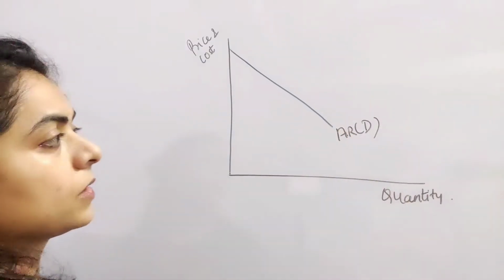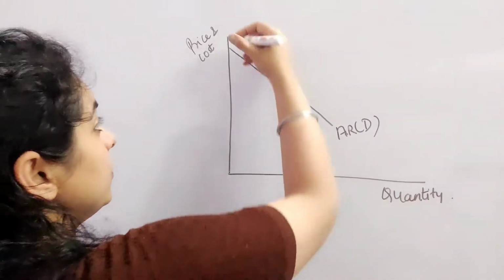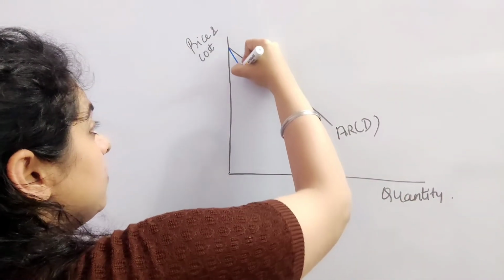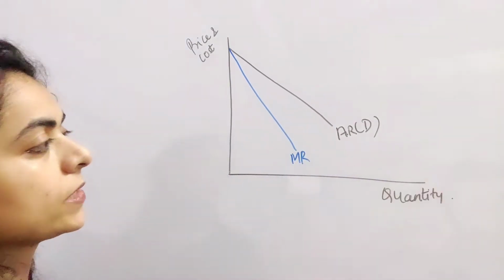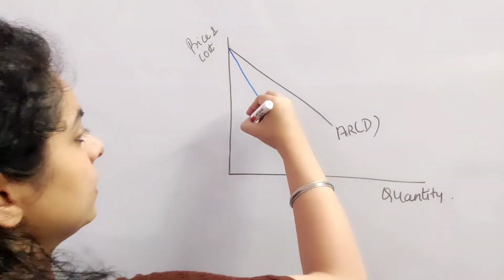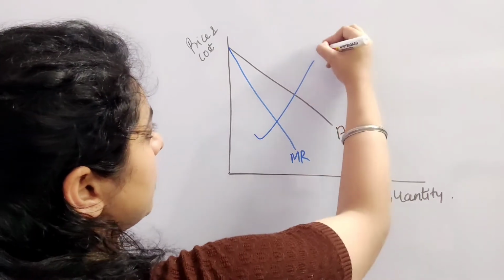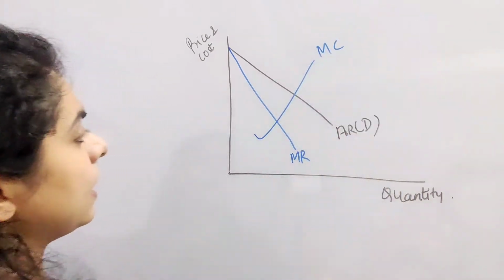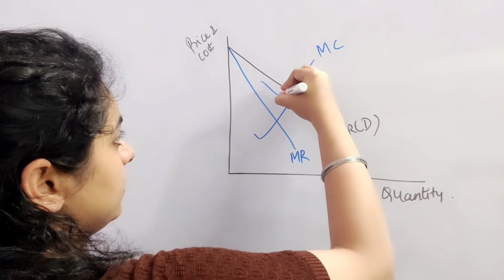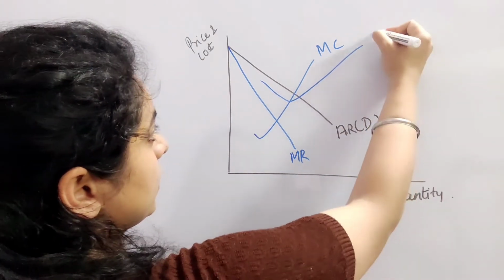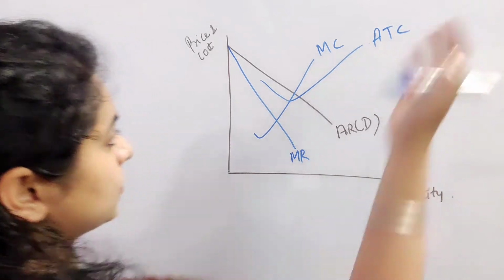Here I have drawn the demand curve for the monopolist and the marginal revenue curve. The slope of the marginal revenue curve is twice the slope of the average revenue curve. Here is our marginal cost curve, and this one is the average total cost.